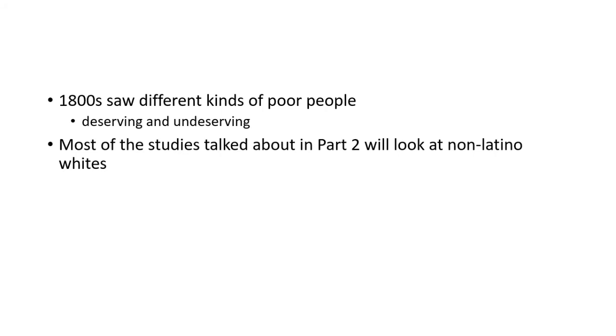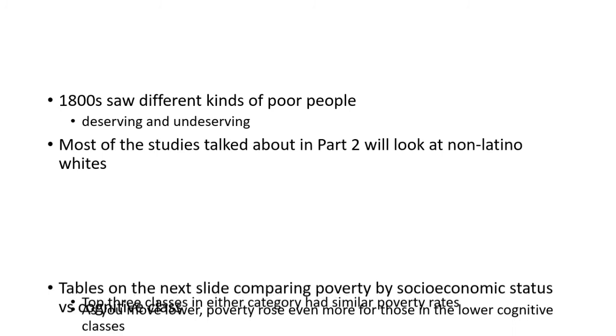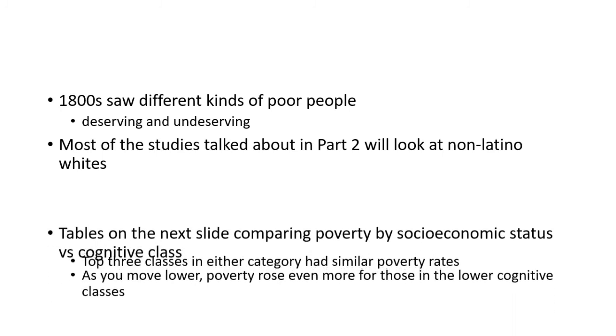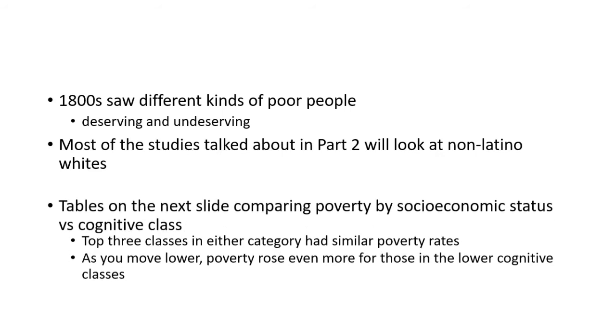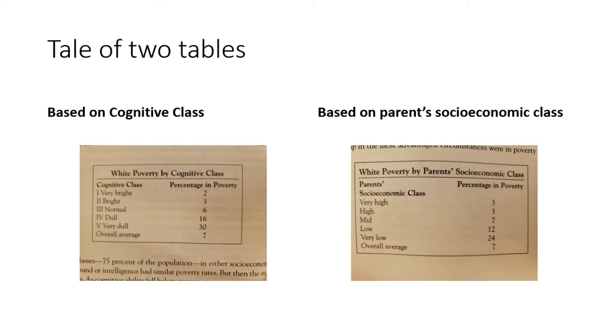So the tables on this next slide are going to be comparing poverty by socioeconomic status and cognitive class. What you're going to notice is that the top 3 classes in either category had similar poverty rates. And then as you move lower, poverty rises, and it rises even more for the cognitive classes than it does for the socioeconomic classes.